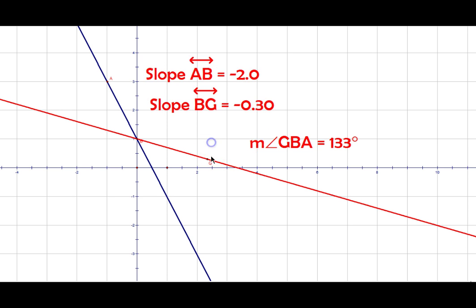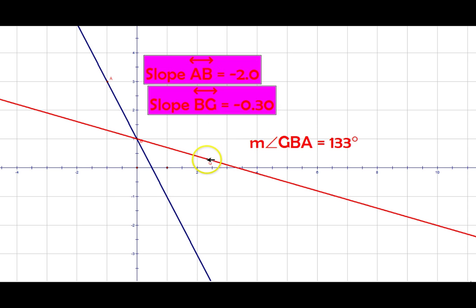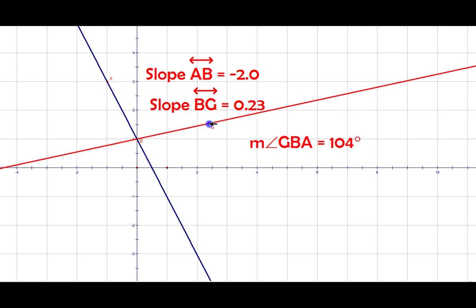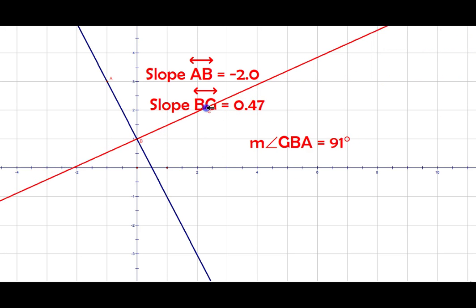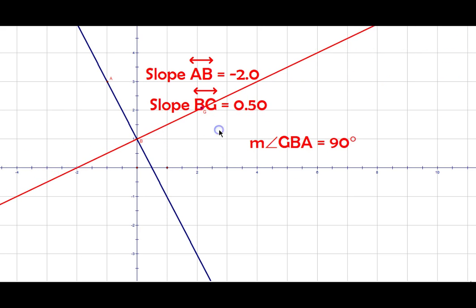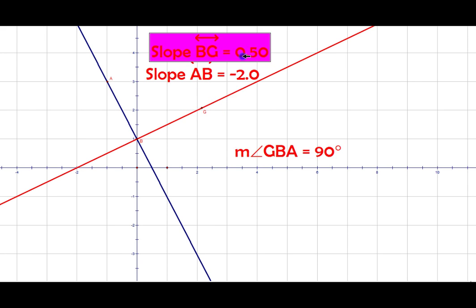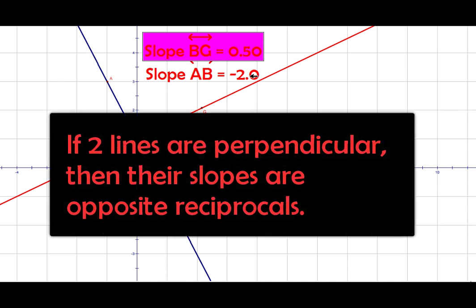The only time that these things are going to work in terms of perpendicularity is if you make it 90. There we go. So it's 90 degrees, and notice their slopes are exactly opposite reciprocals. So this needs to be highlighted, starred, circled, big time in your notes. And here it is. If two lines are perpendicular, then their slopes are opposite reciprocals.